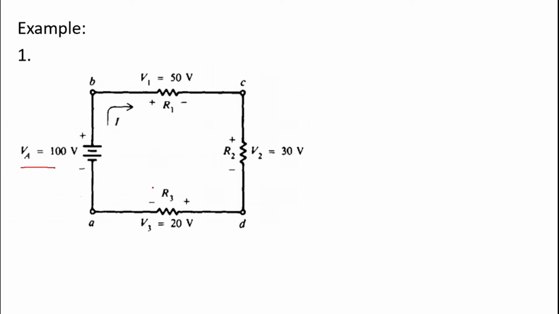Now, for the KVL, polarity has been added, although we know a resistor has no polarity. The polarity shown here is an assumption of the flow of current. It is either conventional flow or electron flow: conventional from negative to positive, and electron from positive to negative, or clockwise or counterclockwise direction.